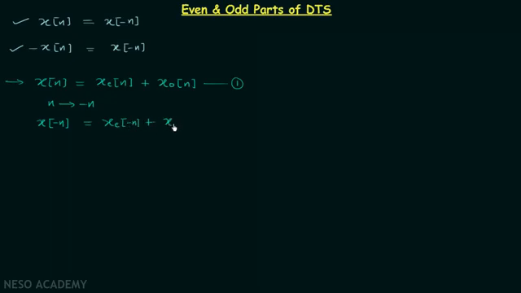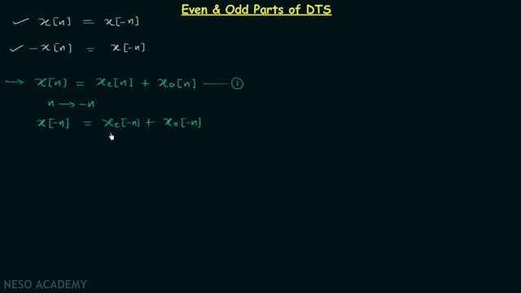Here we are performing the time reversal operation on the even part of the signal and the odd part of the signal. And we know if we perform the time reversal operation on the even part or the even signal or the even component, then we are going to get the same signal.